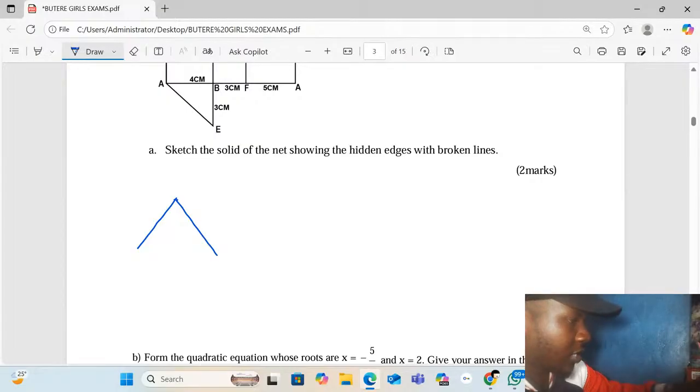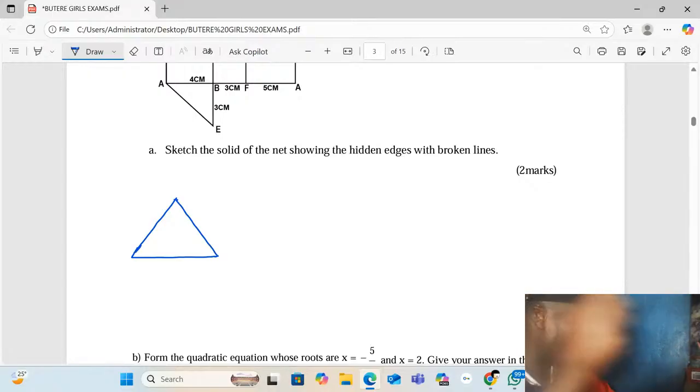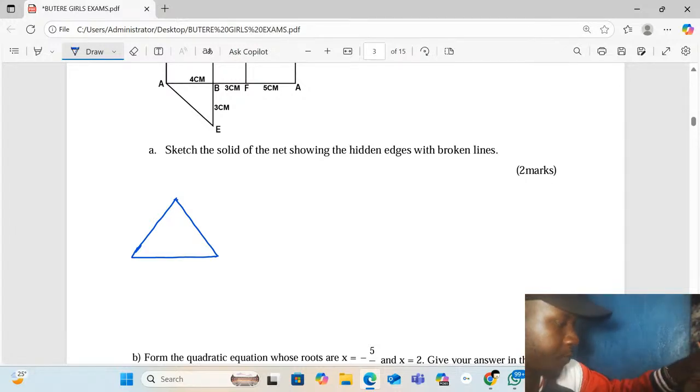So this is now my sketch. It has to look something like this. Remember the hidden edges, we are supposed to show them using broken lines.